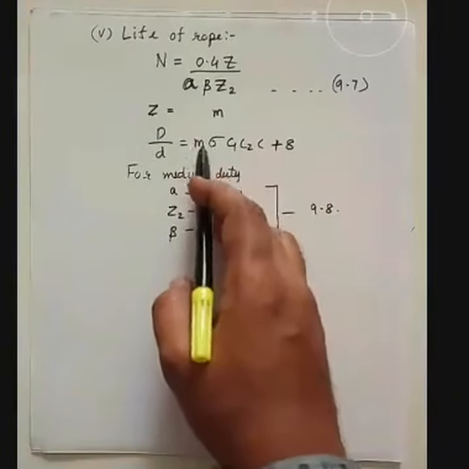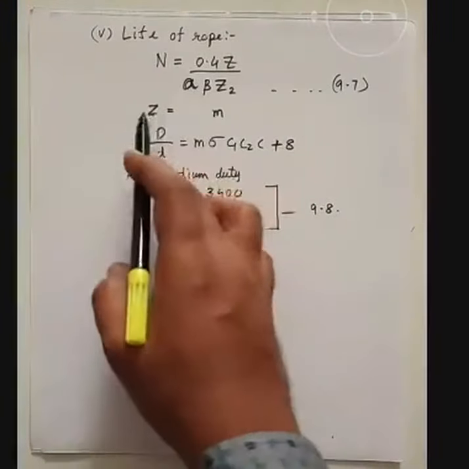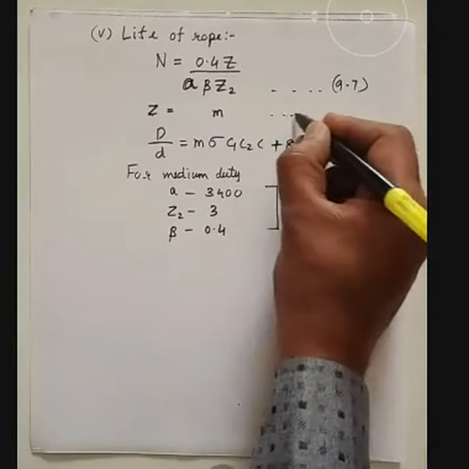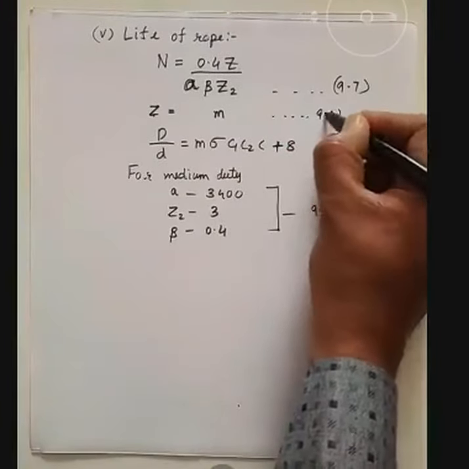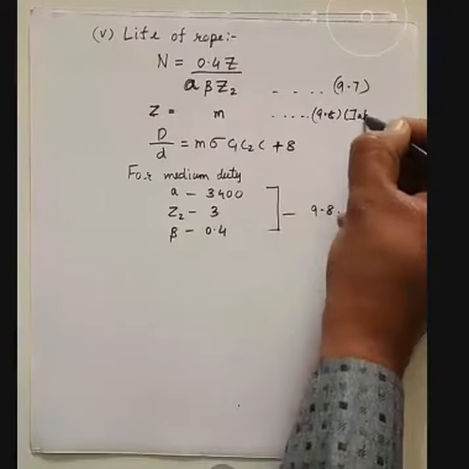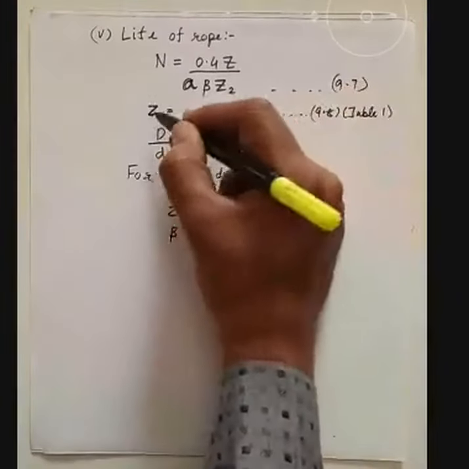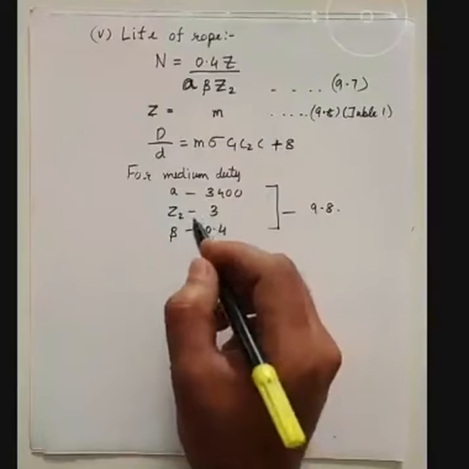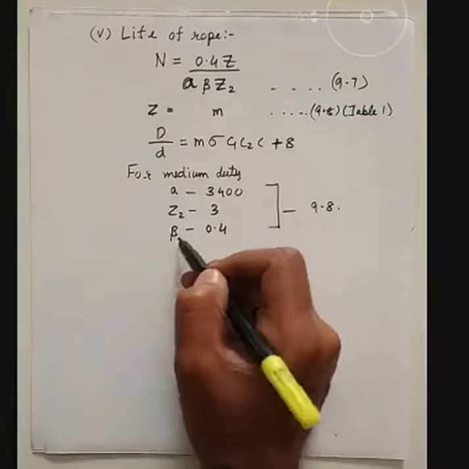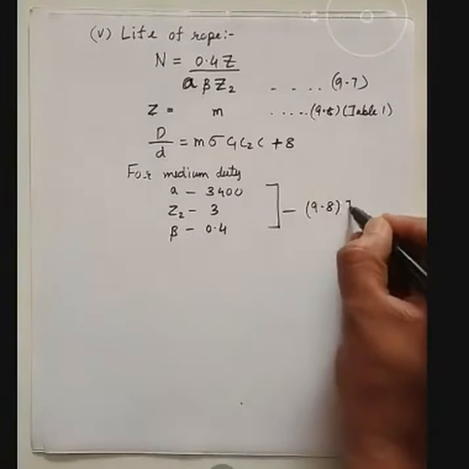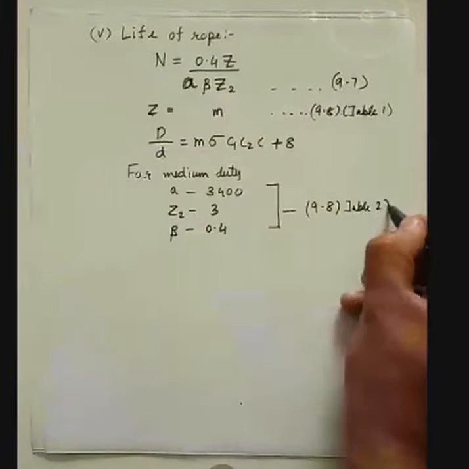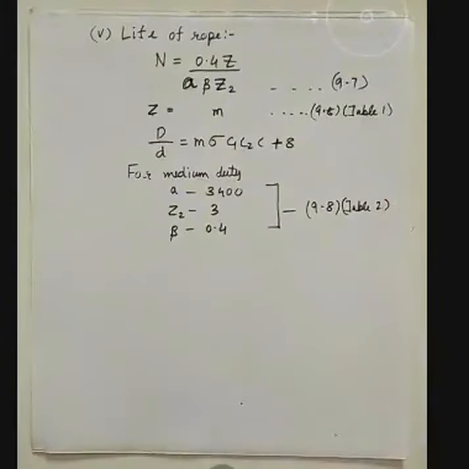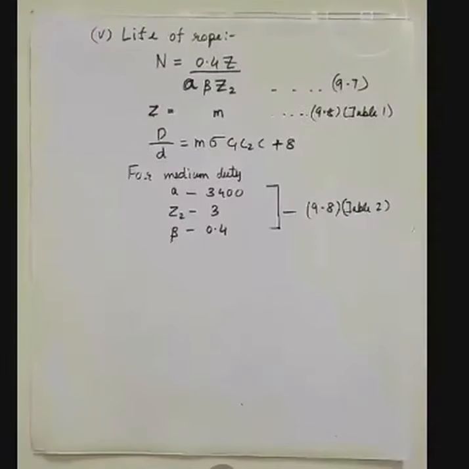Once M is found, Z will be found from table 1 on 9.8. Again, the values of A, Z2 and beta come from PSG 9.8 table 2 that I have already shown you. Does anyone have any doubt about where the values of A, Z2 and beta are coming from? That is directly from table number 2.